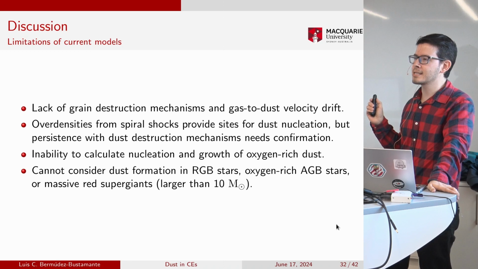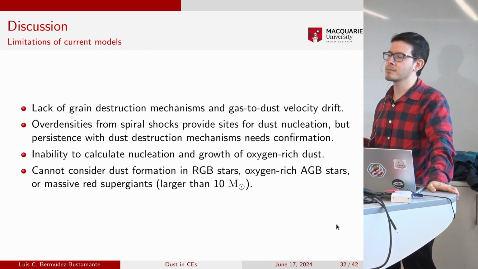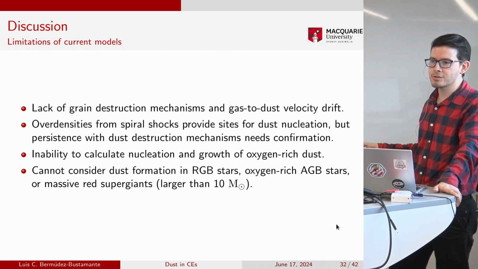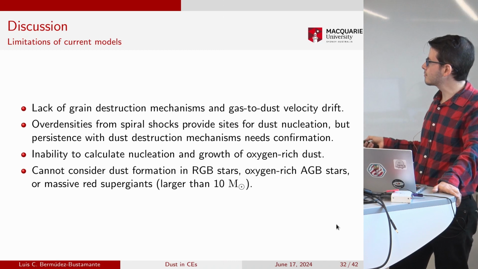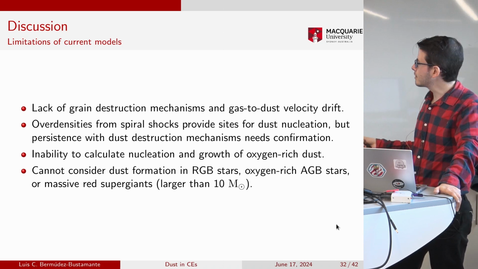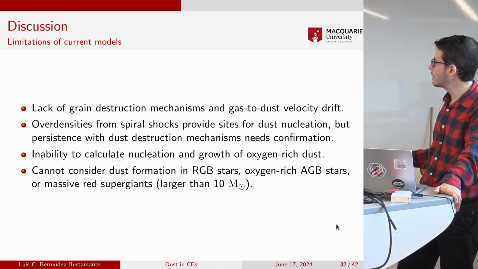That's why the efficiency of this nucleation process is 100%, but that might not be true. Maybe the destruction processes are really important. As an example, the overdensities in the spiral shocks might be more important when you allow dust destruction. Maybe the shocks are too strong for dust to survive in those regions.